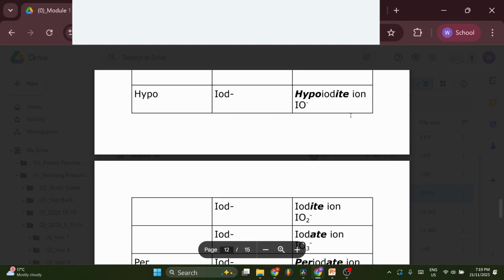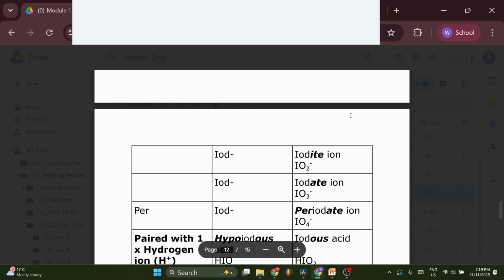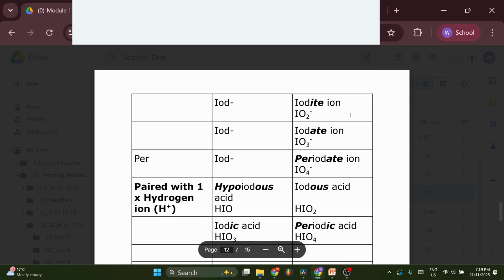Hypoiodite ion, IO-, iodite, IO2-, iodate, IO3-, periodate ion, IO4-. This can lead to hypoiodous acid, HIO, iodous acid, HIO2, iodic acid, HIO3, and periodic acid, HIO4.